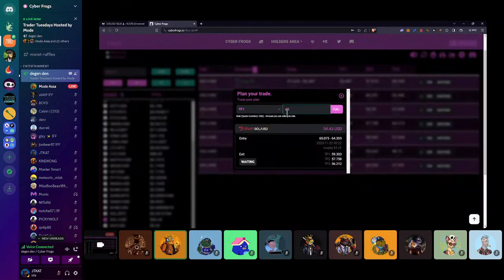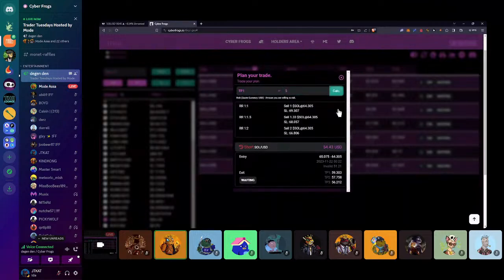Again, everyone has their own risk tolerance. I'm not telling you at all what this number should be. That's why it is up to you. You can put 5. If you only want to go $5, you're only willing to risk $5, right? Calculate. All right. I'm going to sell 1 Solana at $64.30.